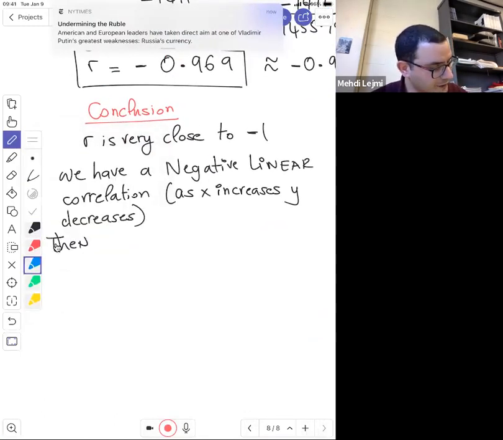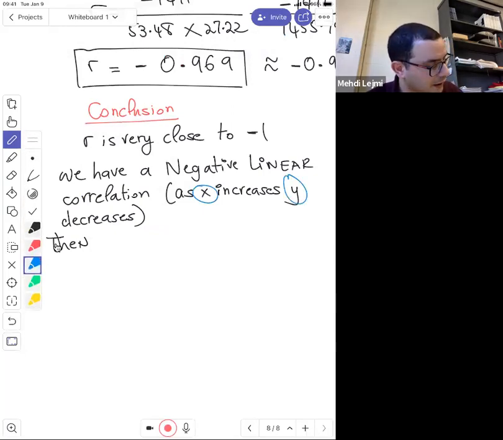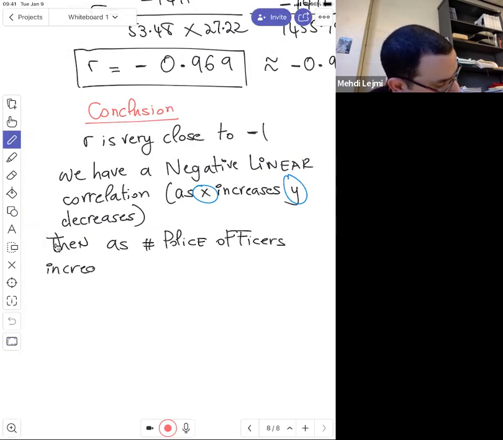So what we are saying is, as the number of police officers increases, that's my X, the number of muggings, Y, decreases, right?